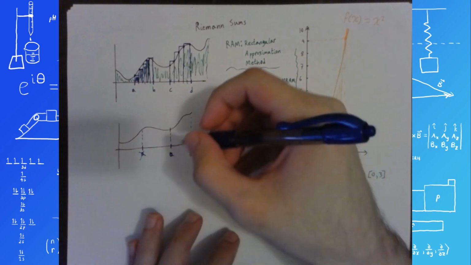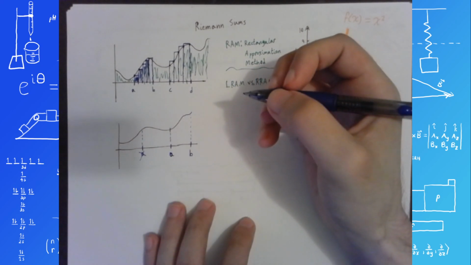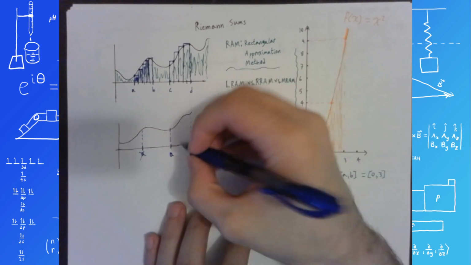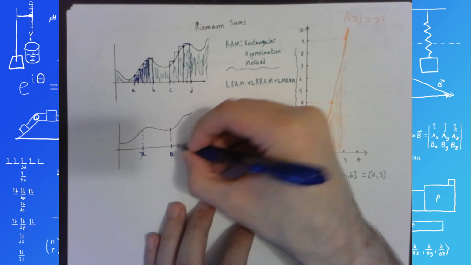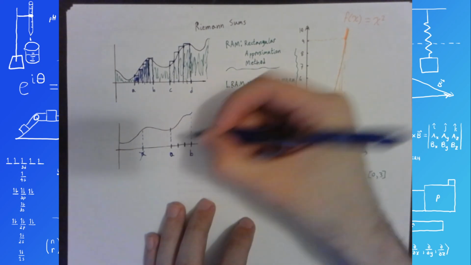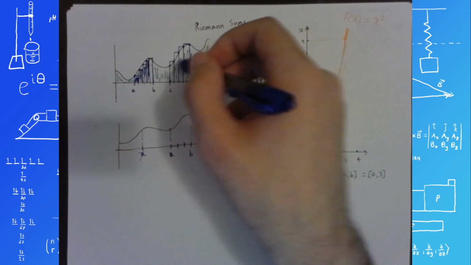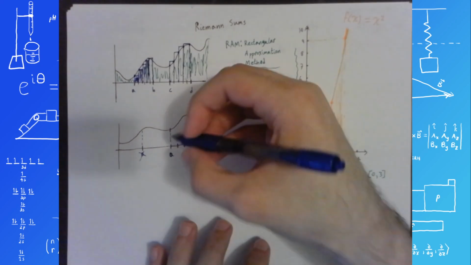If I were to use the midpoint rule, I want to make it a little bit easier to see, so I think I'm going to use wider rectangles for this. I'm just going to cut this up into 3 rectangles as opposed to the 4 or 5 that I did over there.